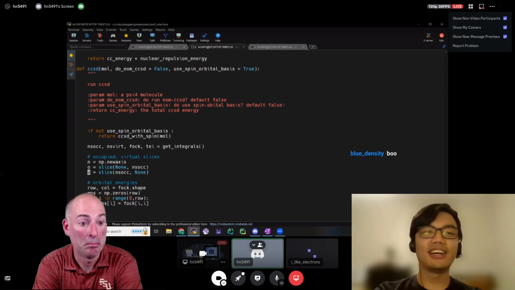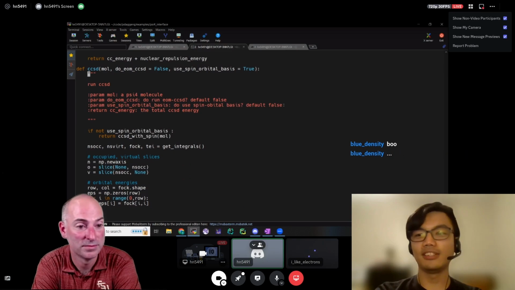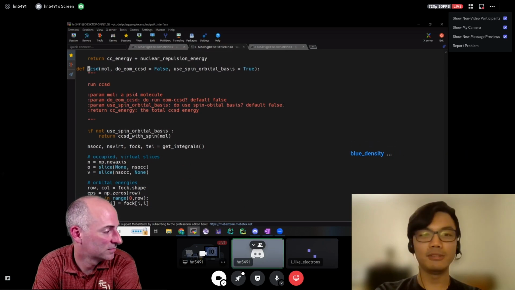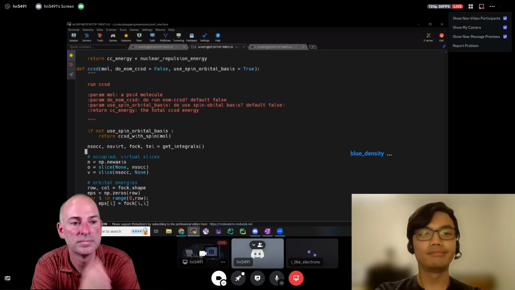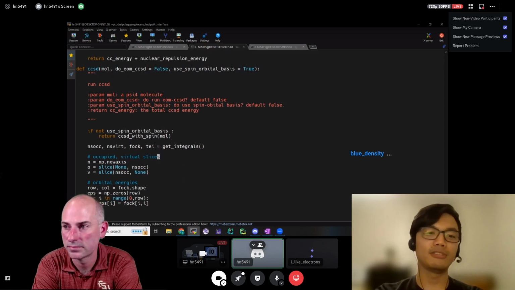Okay, anyway, CCSD right now is done in the spin orbital basis, as you can see on this flag. That's the default. You can always turn it off.